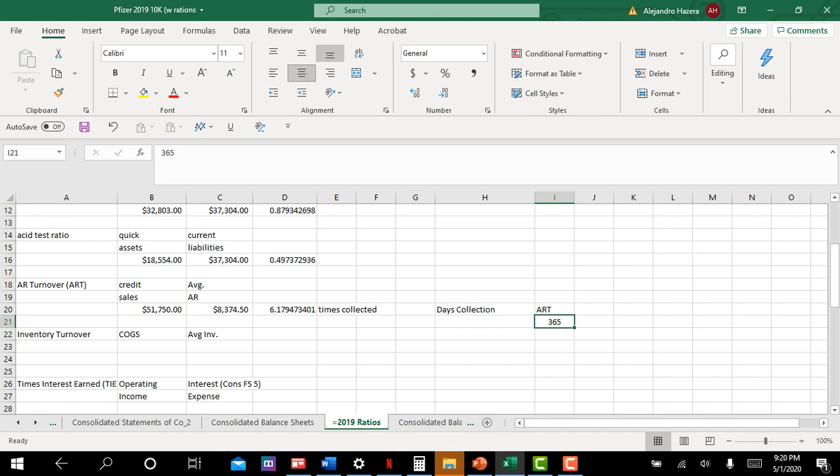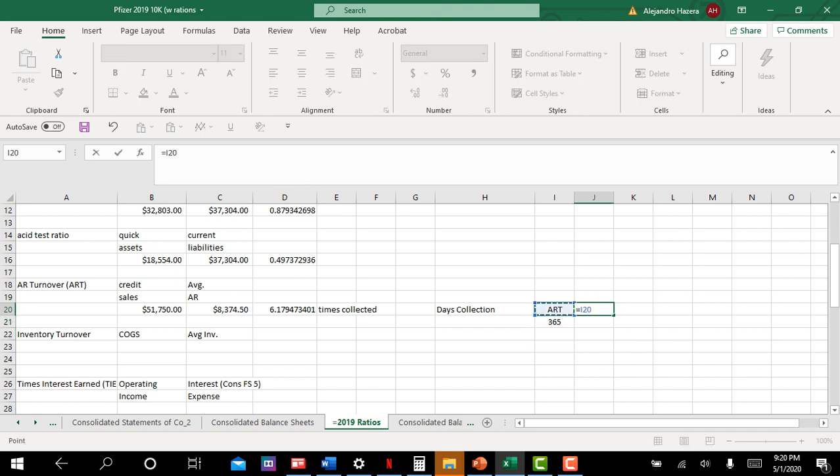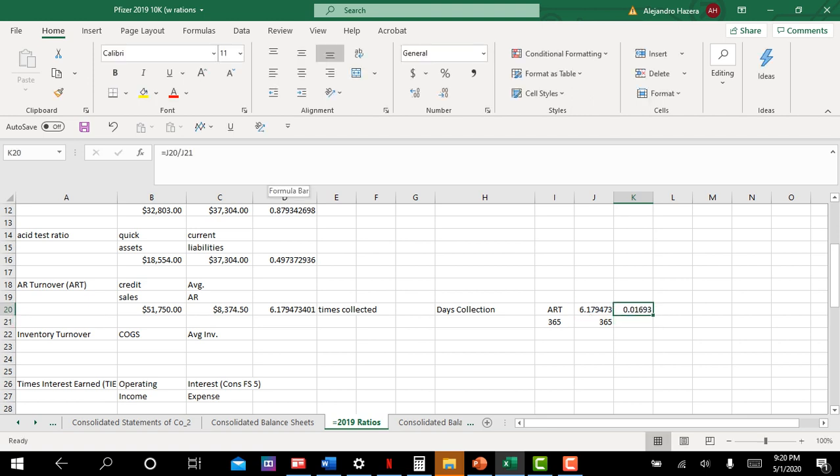Okay, so let's see what we get. I like to figure all these things out. So if you take the accounts receivable turnover ratio, which is 6.17 times, and we divide it by 365, what we're going to get is a number of days, the number of days it takes us to collect those amounts.